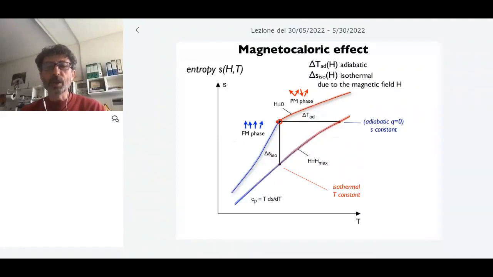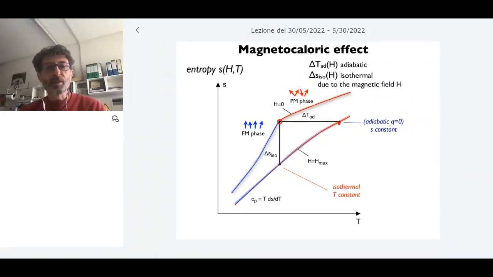If we do the same, but now in a condition where the system is isolated, the entropy will be constant. Suppose we make an equilibrium transition, but the temperature will change. So applying a magnetic field to a magnetic material that is disordered means increasing the temperature.